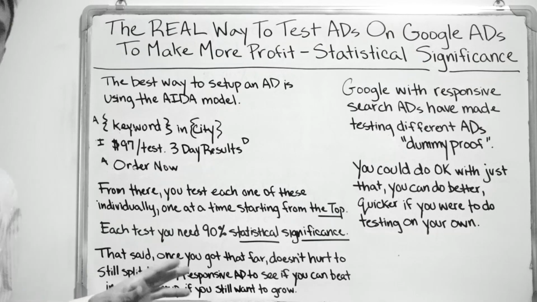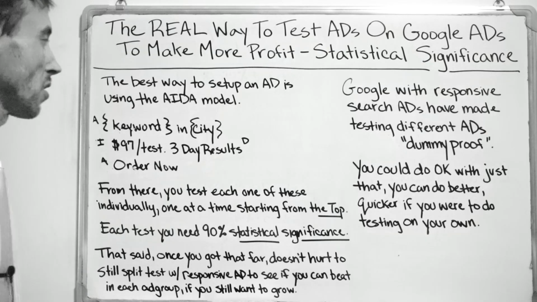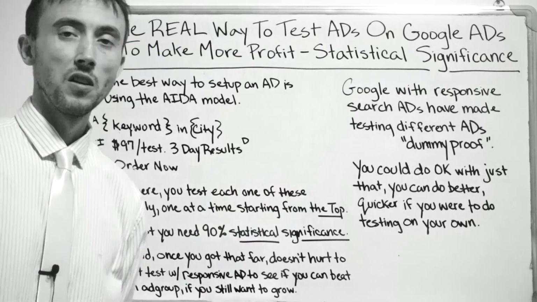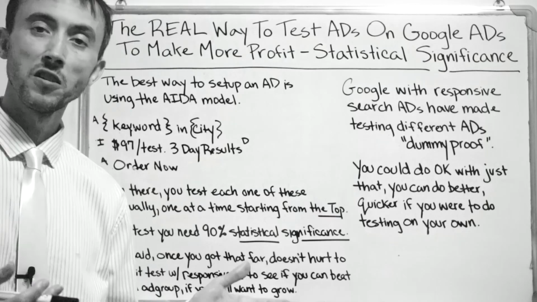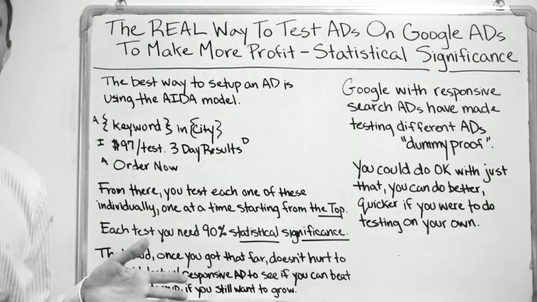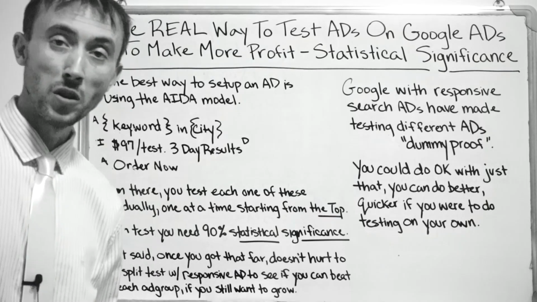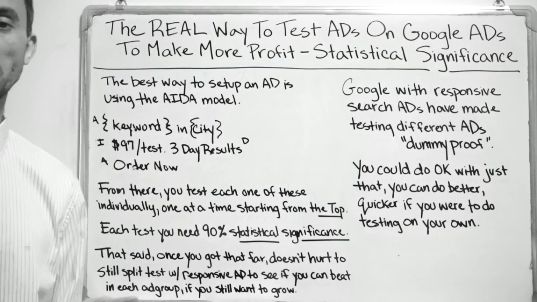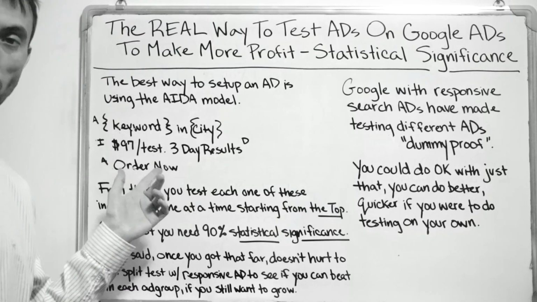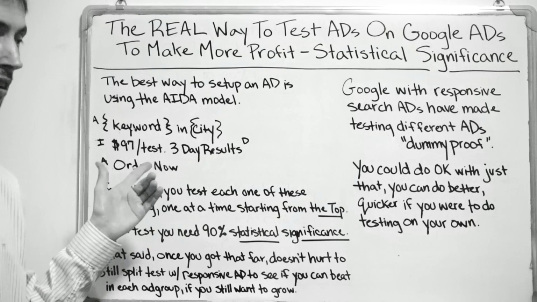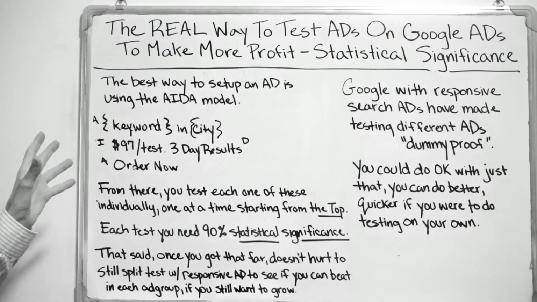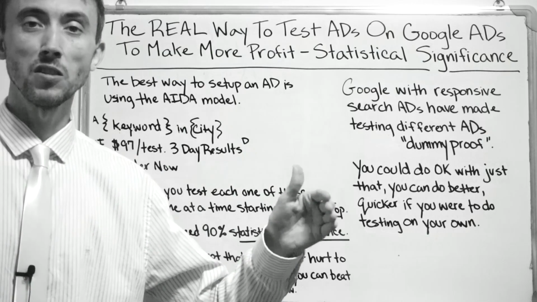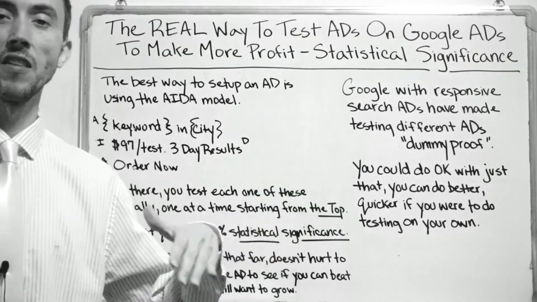And when you're testing, there's something called statistical significance. If you want to know if something you have won or not, you've got to use statistical significance to know if you really won or not. Because what a lot of people will do is they'll do some of the testing that I'm mentioning here, and they'll get 30 clicks on an ad, and they'll think they're a genius, their ad works twice as good as the other ad, and then they'll stop their test.